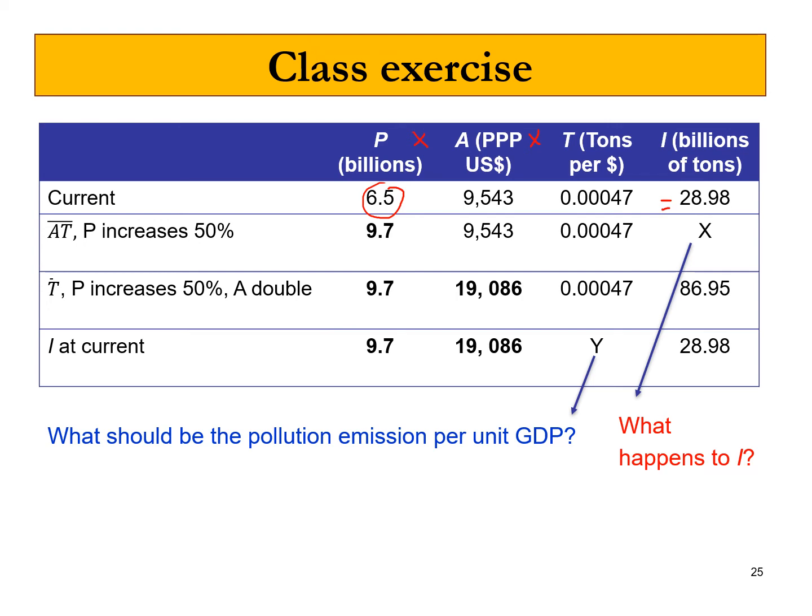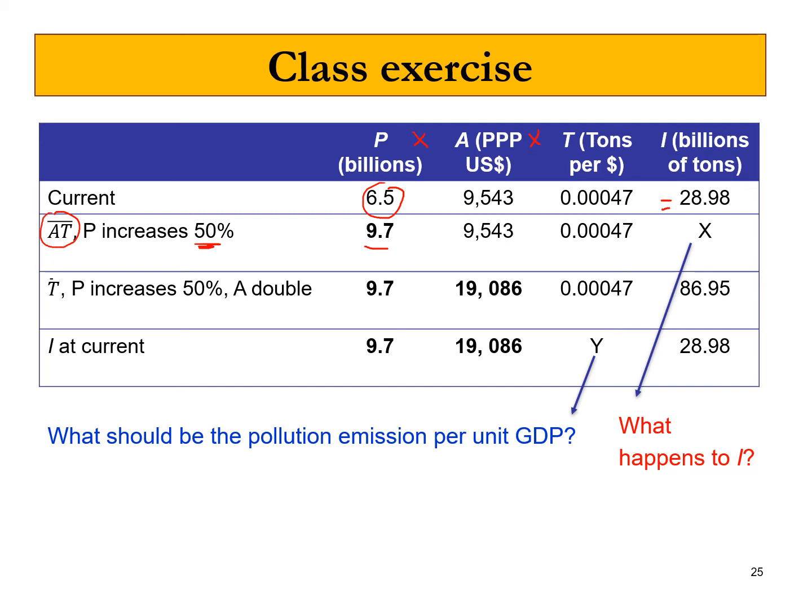Okay, the second scenario, let's assume that our affluence and technology are constant. You can see that we have a bar on top of affluence and technology, but the population increases by 50%. Our population previously is 6.5, and because it has increased by 50%, it becomes 9.7, in terms of billions.